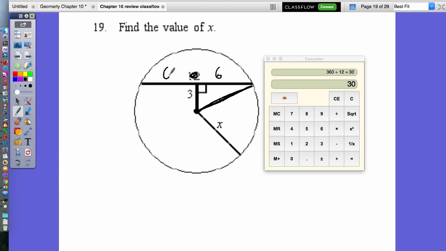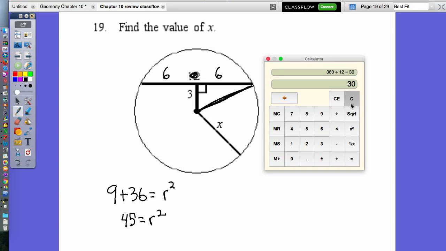So that's 6 and 6. I'm going to use Pythagorean theorem. 3 squared is 9, plus 6 squared is 36, equals radius squared. In this case, radius is also x. It's a radius. So 9 plus 36 is 45 equals the radius squared.